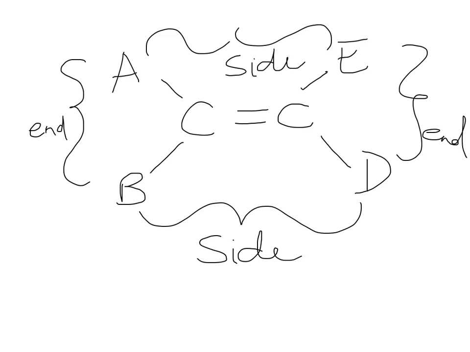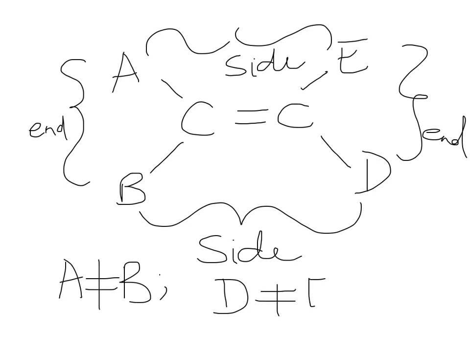Now, how do we know if a specific molecule will have cis-trans isomers? If A is not equal to B and D is not equal to E, and I'm going to write the word "and" here because it's very important.